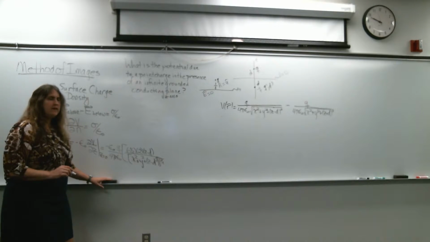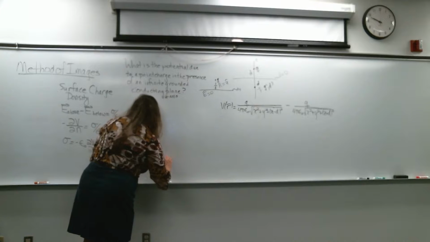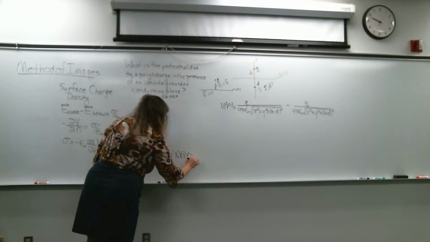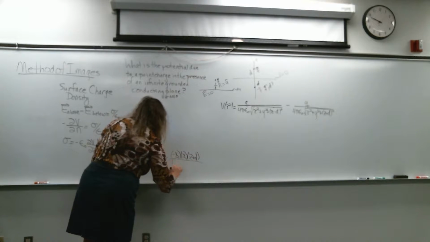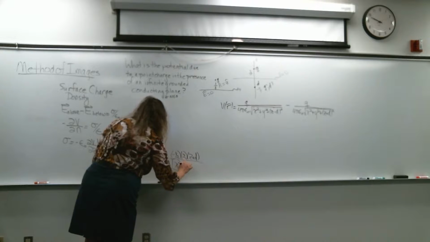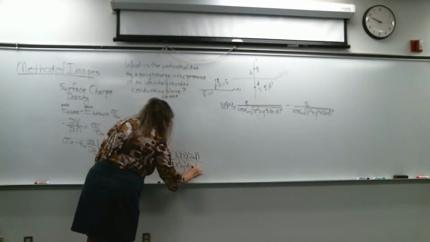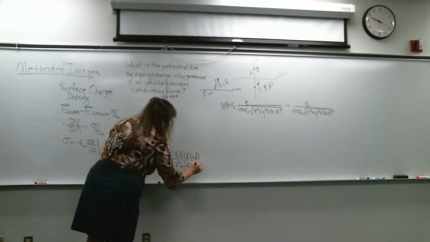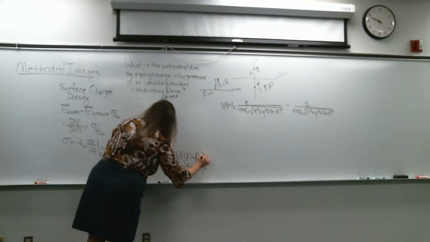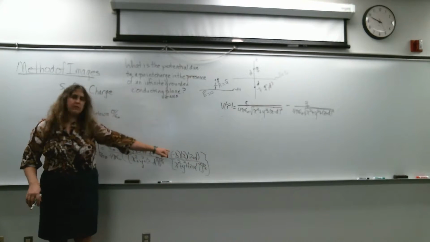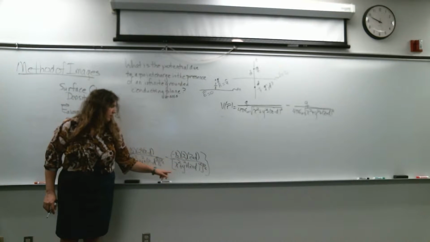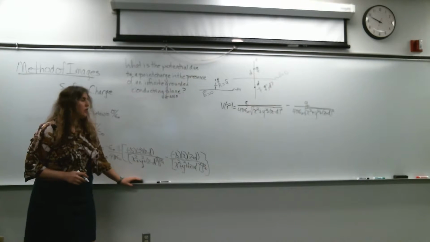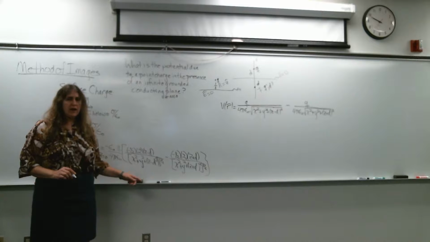My second term, when I take the derivative with respect to z, gives minus 1/2 times 2 times z plus d all over x squared plus y squared plus z plus d quantity squared, all raised to the 3/2 power, and this is evaluated at z equals 0.